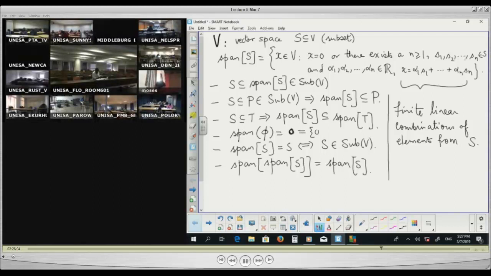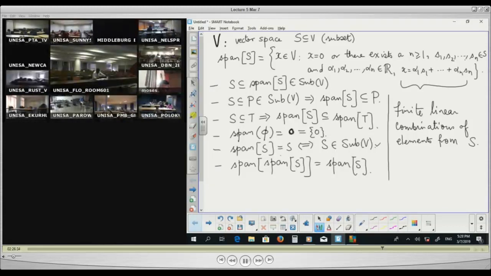This line is saying that span of S is equal to S if and only if S is a subspace. So you don't increase anything by taking linear combinations if you are already in a subspace. And if you take span twice, you don't get anything bigger. So span of span is the same thing as span.